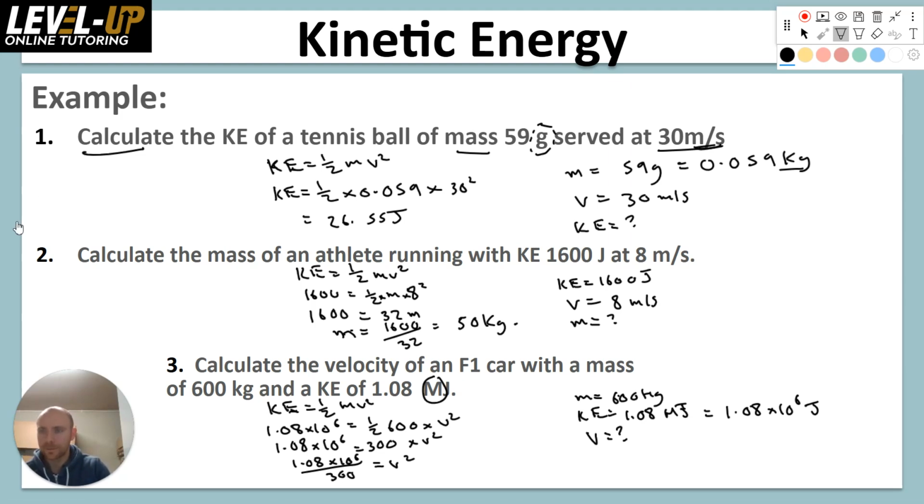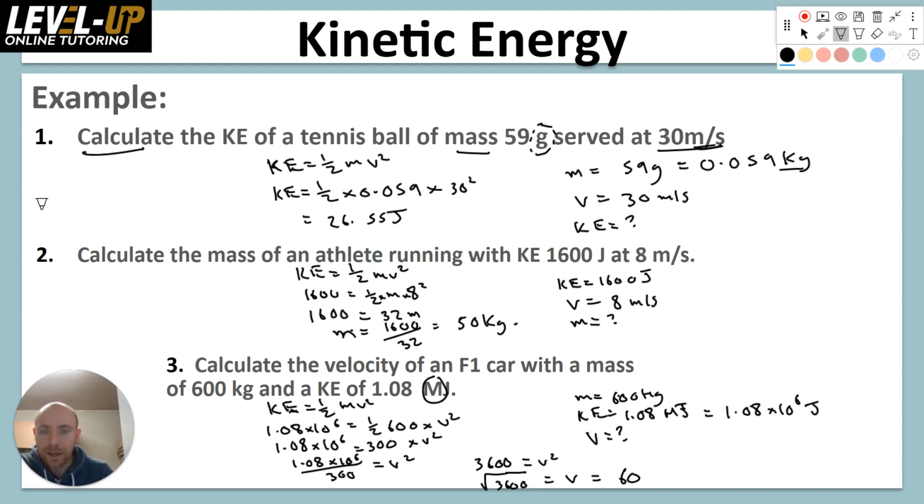Then I get 3,600 equals v squared. So how do I get v on its own? I need to square root both sides. So square root of 3,600 is v, which equals, square root that quickly, 60. A very nice round number, which is always a good sign.